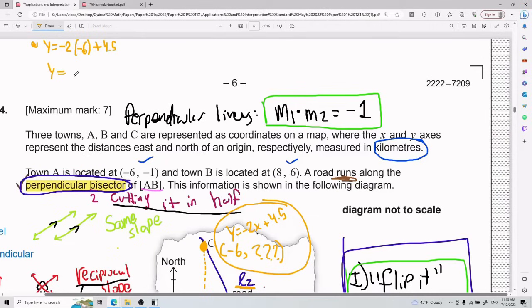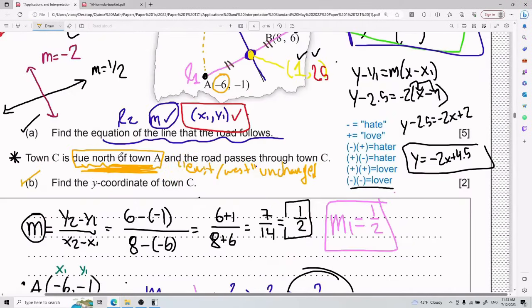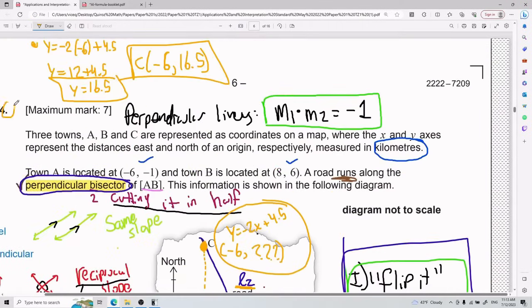So y equals 12 plus 4.5. Y equals 16.5. So that means my point C is going to be -6, comma, 16.5. So that would be my point C. That would be for part B. And that is number 4.